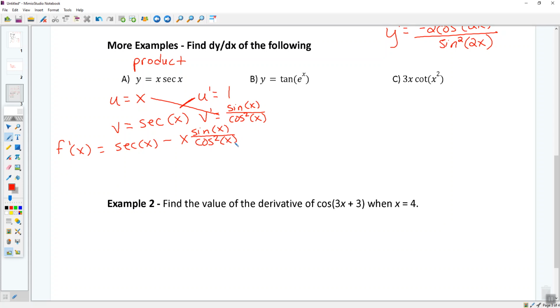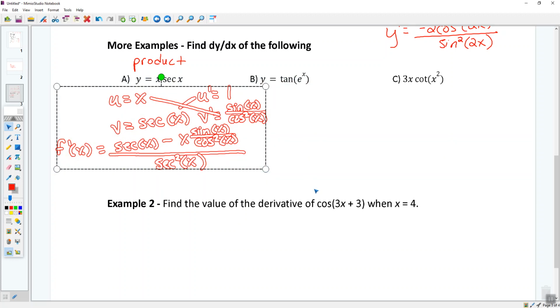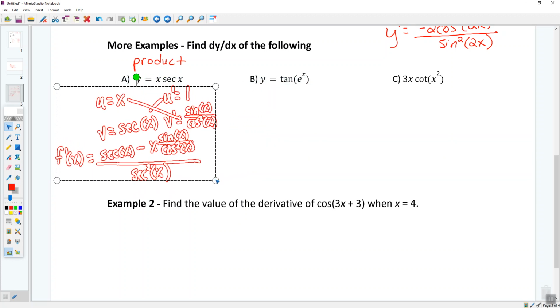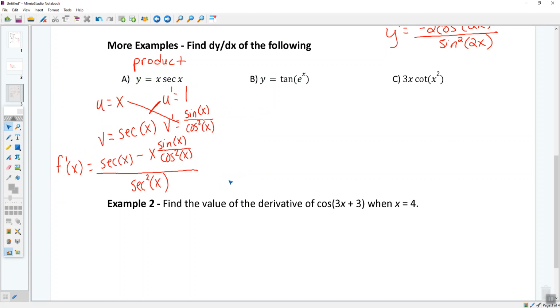And then this is all going to be over v squared, right? Which would be secant squared of x. Oh my. And this is our solution right in here.